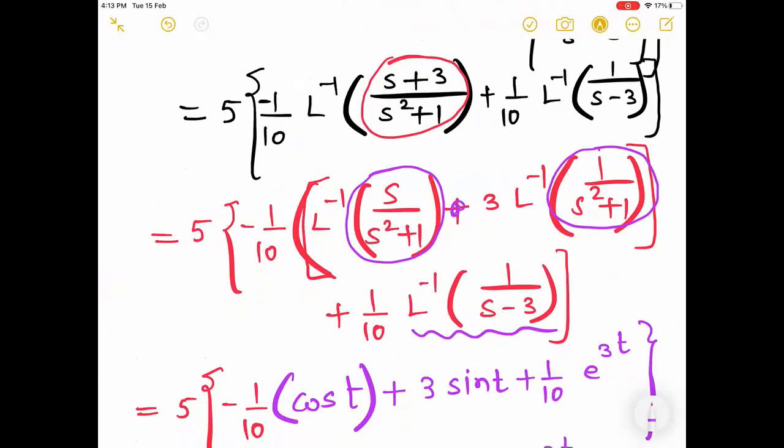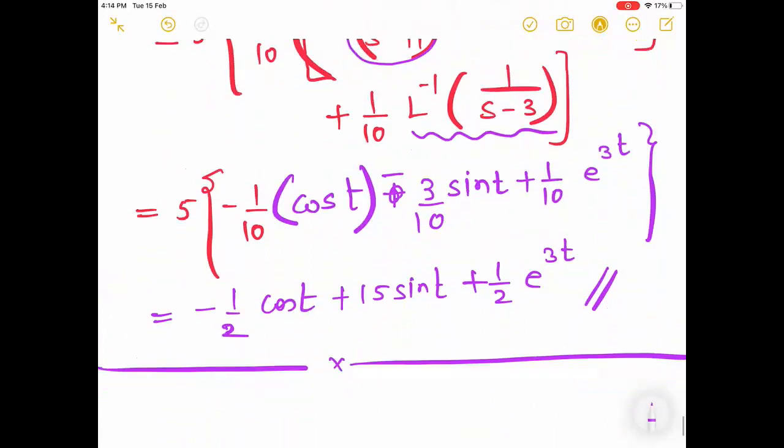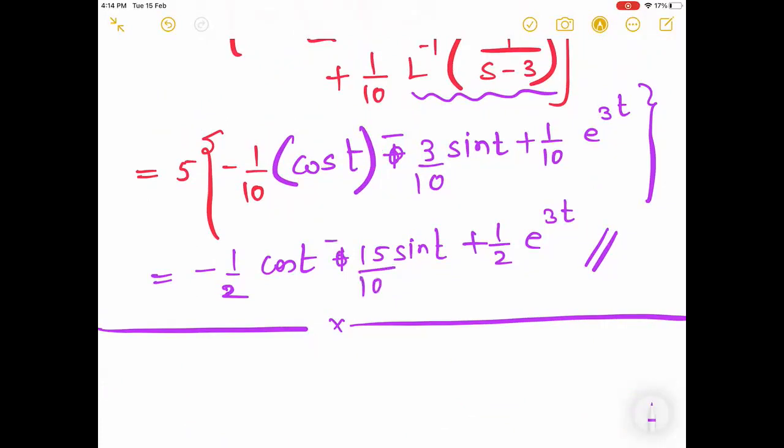Yes, here it is plus, okay, but this will be minus 3 upon 10 sin t. That's correct. Good. Calculations also see carefully. So minus 15 upon 10. This is 3/2 sin t, that will come.